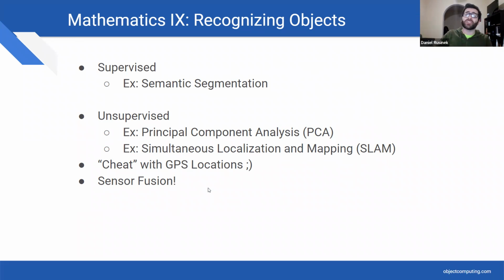If you have GPS locations, like let's say you have the GPS location of the speed limit sign, instead of having to try to identify the speed limit sign from a bunch of points, you can just tell an algorithm that, hey, when you are at this location, this is where it is. And you can start giving it the answers based on that. So again, just this concept of sensor fusion. And I think it's really important to use all the tools available to us.